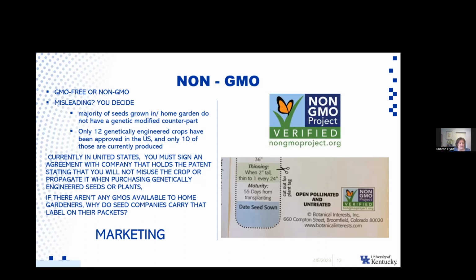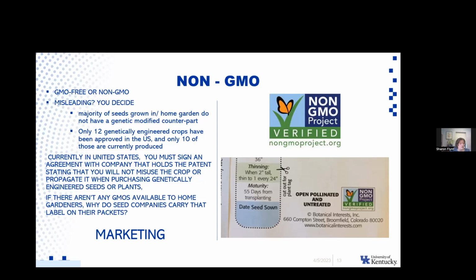And the reason I say that is because the majority of seeds grown in the US for the home garden do not have a genetically modified counterpart. The big companies are not interested in genetically modifying vegetable seeds or flower seeds that will be sold to the home gardeners.